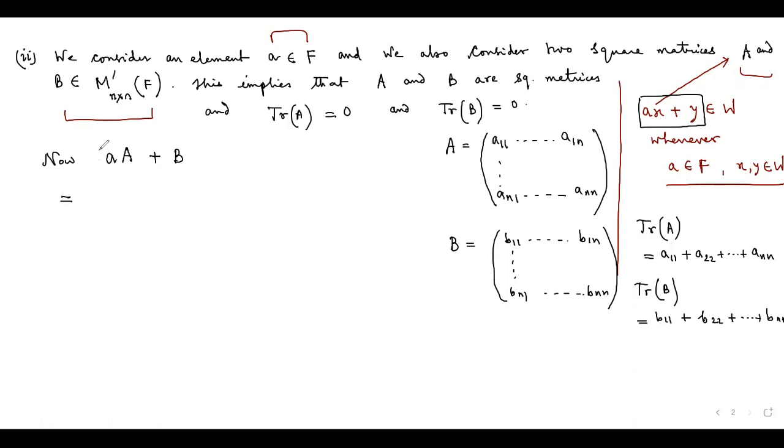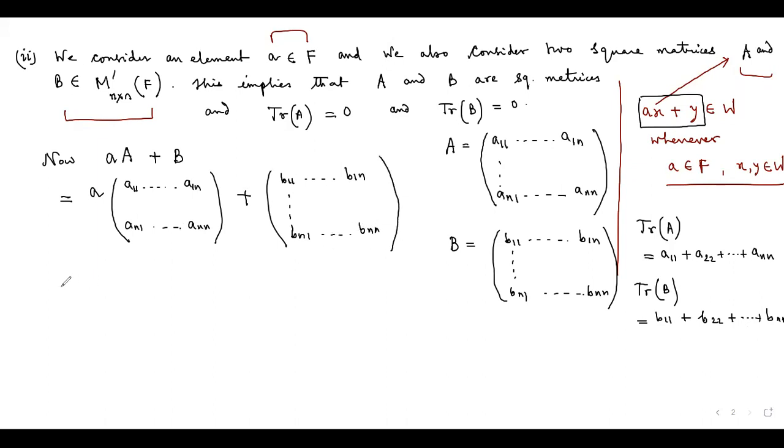Now, if I calculate this expression, what will I get? We will substitute the form of A and the form of B over here. And you know how we multiply this.